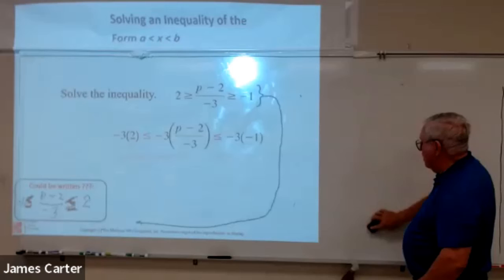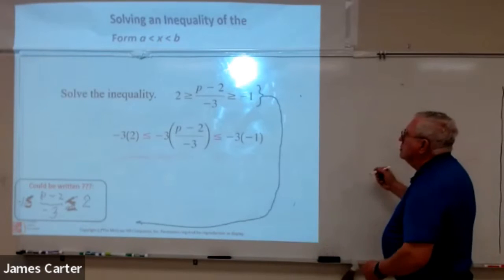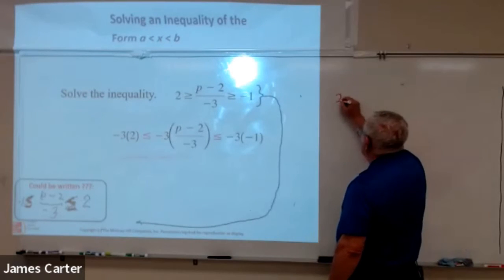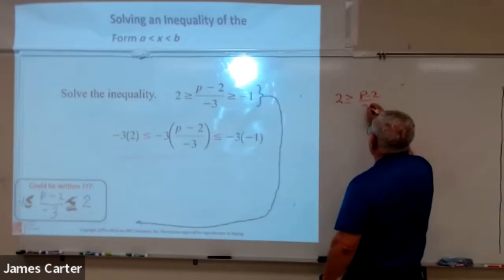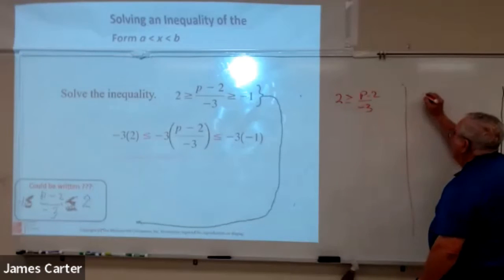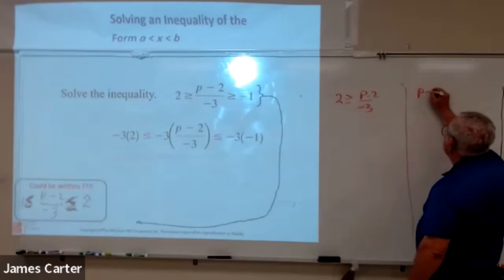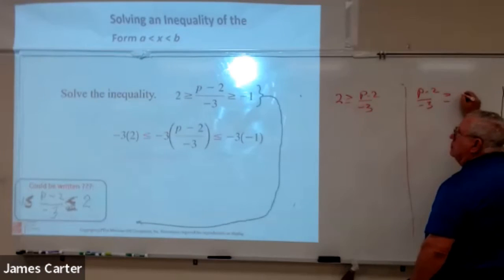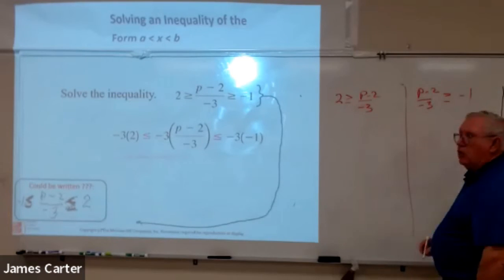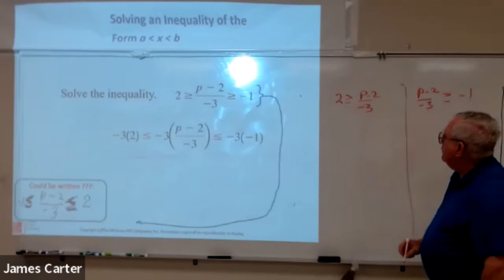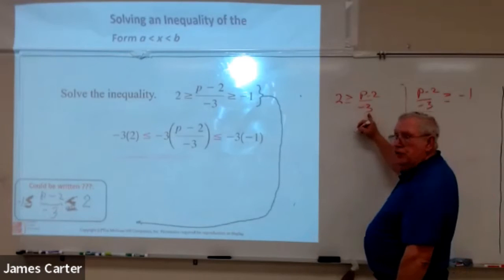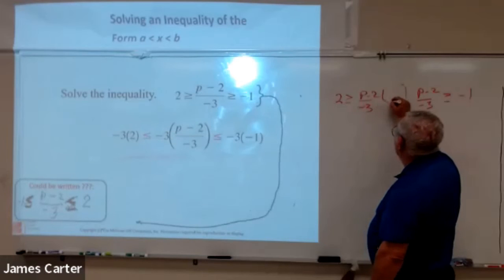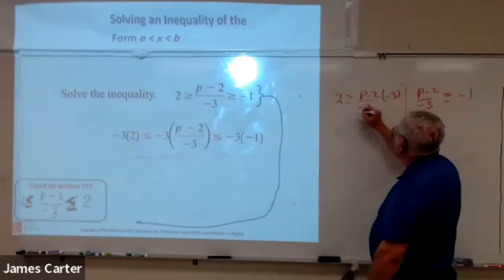Very high opportunities. So, if I've got 2 greater than or equal to p minus 2 over -3, and I've got p minus 2 over -3 greater than or equal to -1, and I work those 2 separately, I am going to multiply both sides by -3.